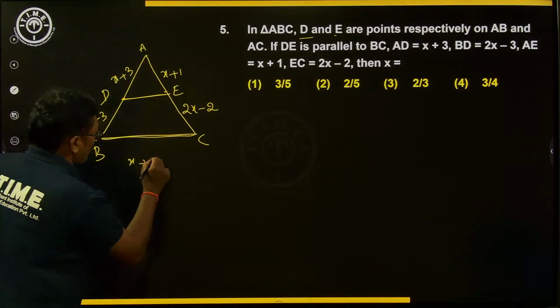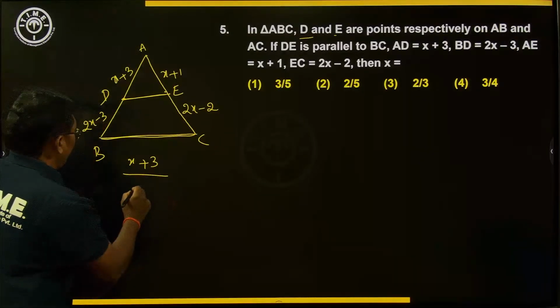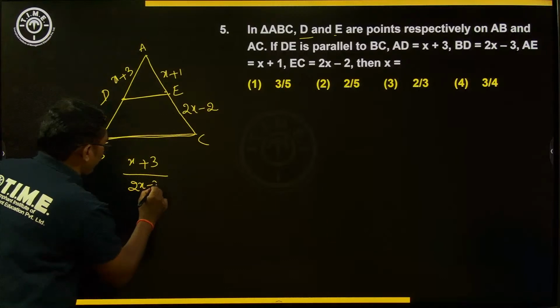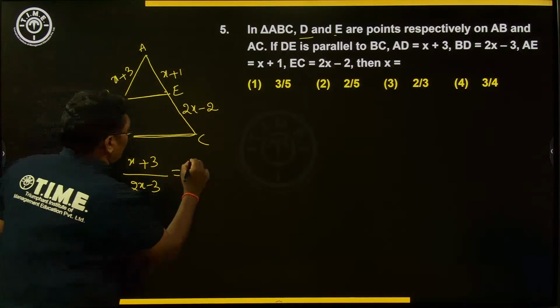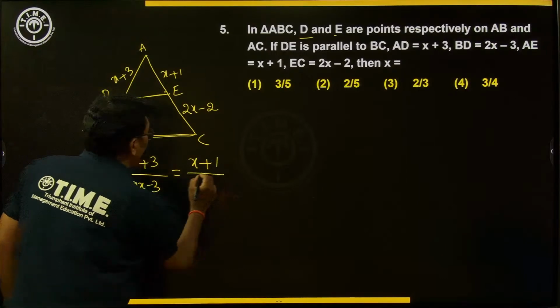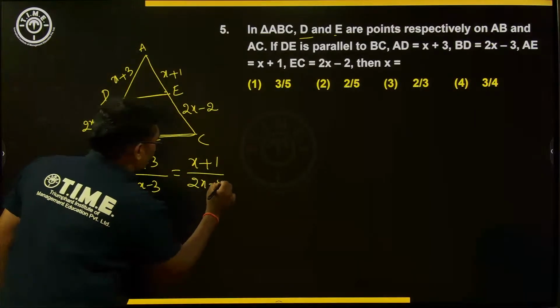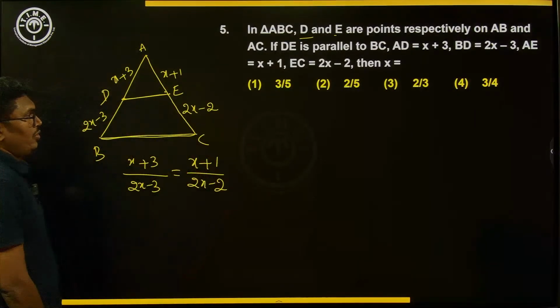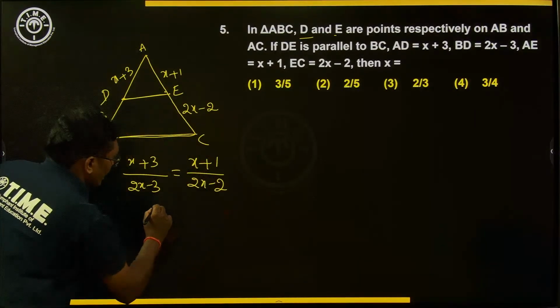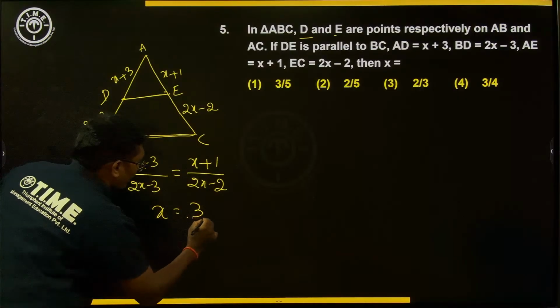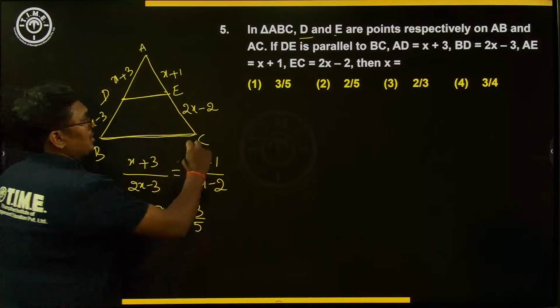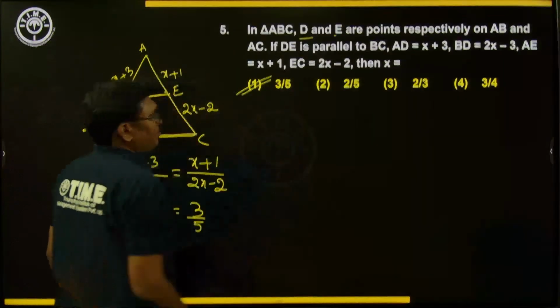So x plus 3 by 2x minus 3 is equal to x plus 1 by 2x minus 2. Okay. So if you simplify this one, you will get x is equal to 3 by 5. So answer is choice 1.